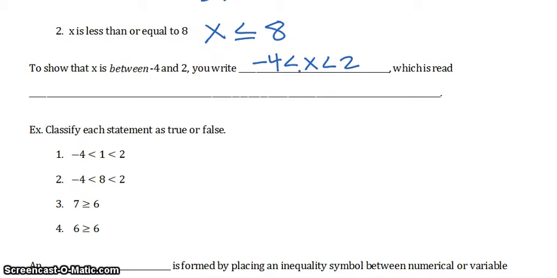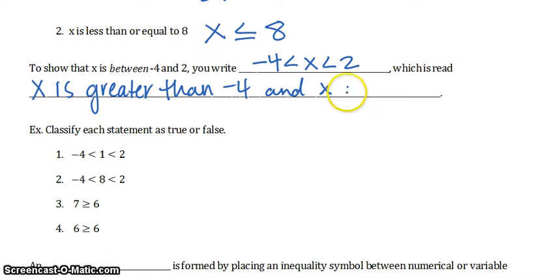So if you see something like this, you know that the x, the variable, is in between those numbers. It is read x is greater than -4 and x is less than 2.